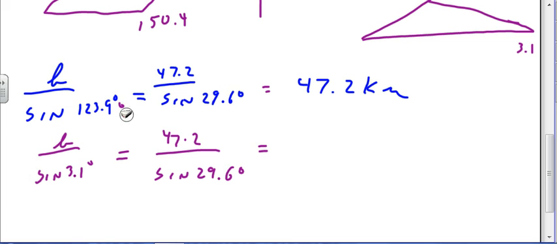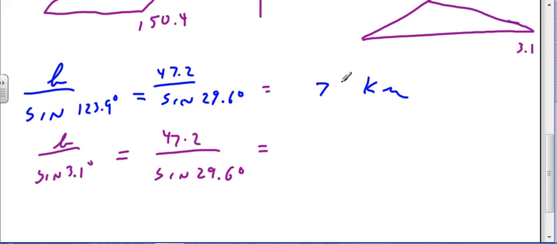Alright. Do you have an answer for B? Yeah, well, I have one answer. So I still have to do it. Times sine 123.9, close parentheses, divided by sine 29.6. Okay, that's much better.